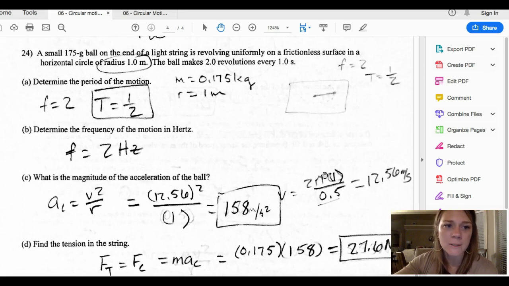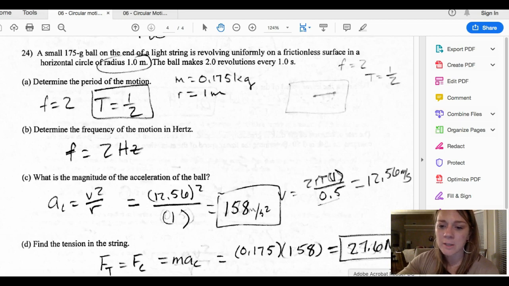24. A small 175 gram ball on the end of a light string is revolving uniformly on a frictionless surface in a horizontal circle of radius 1 meter. The ball makes 2 revolutions every 1 second. All right, here's where we need to just pause for a moment and review what this is really telling us. 2 revolutions every second.